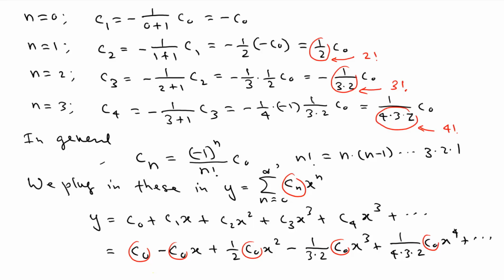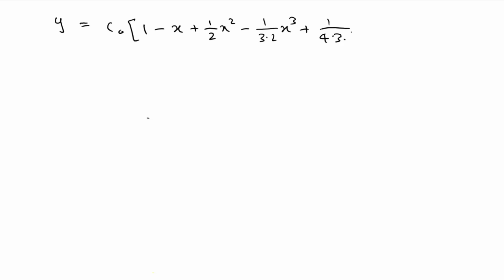So once you do that, y is equal to, if you pull c0 out, you're gonna get 1 from the first term, x from the second term, and then 1/2 x² from the third term, like that, and then 1/(3·2) x³, plus 1/(4·3·2) x⁴, like that.